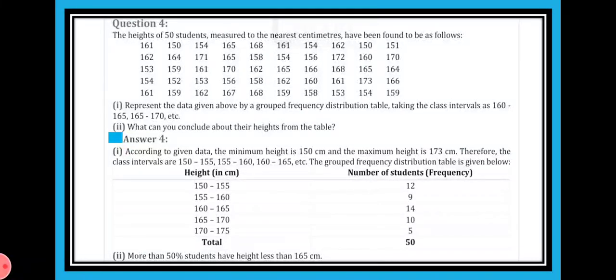That is more than half, because 50 students are given, and 35 students have height less than 165 centimeter. So we can conclude that more than 50% of students have height less than 165 centimeter.